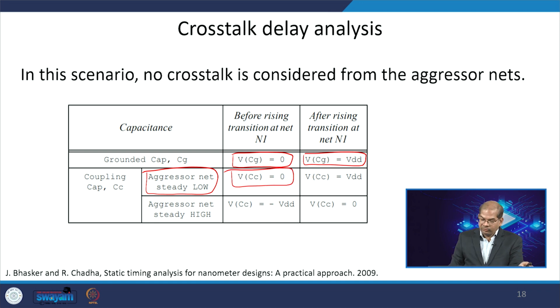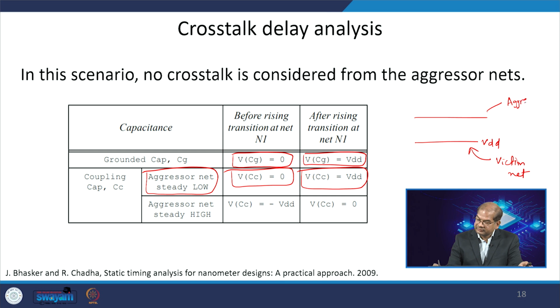Then after charging the VCC will be VDD, because one line is VDD, this is my victim net, and the other line, the aggressor net, is grounded. So, this capacitor is charged to VDD.